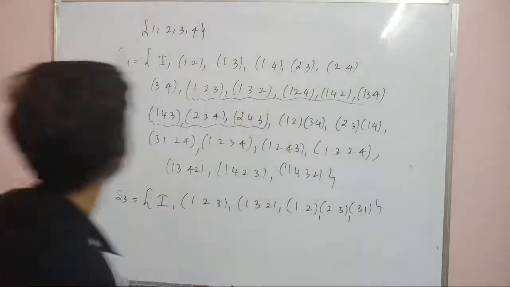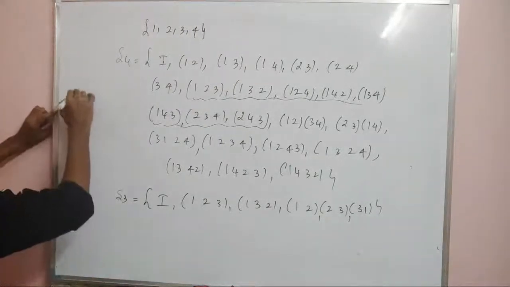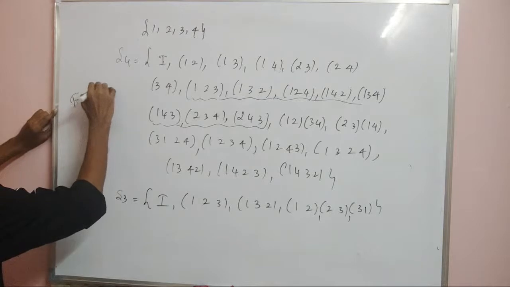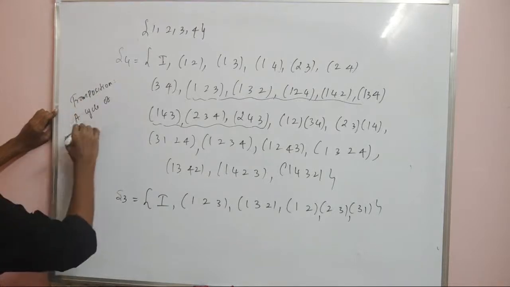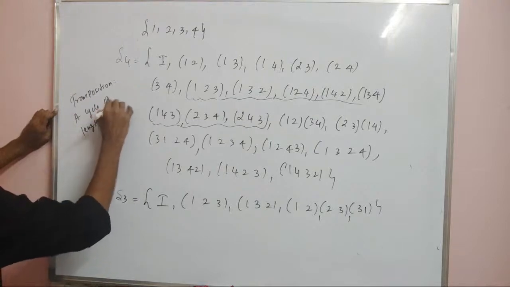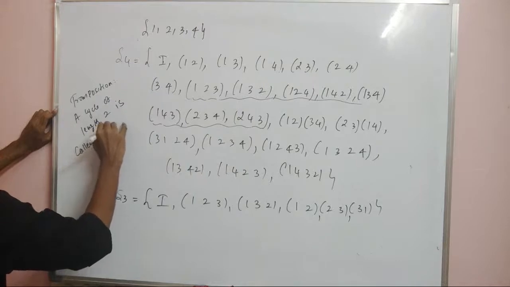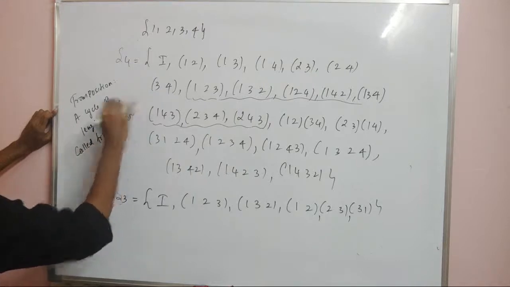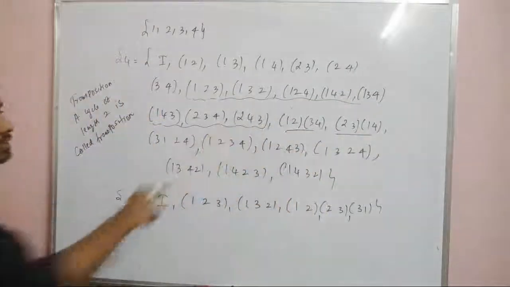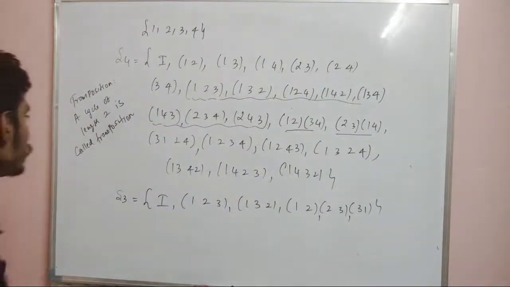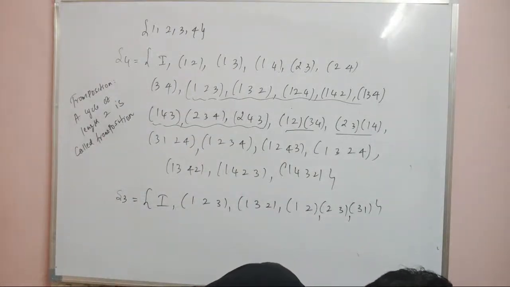A cycle of length 2 is called a transposition. You can see these 2 are transpositions. So this cycle length is 2. So a cycle of length 2 is called a transposition. So this is the first definition that we are going to see.